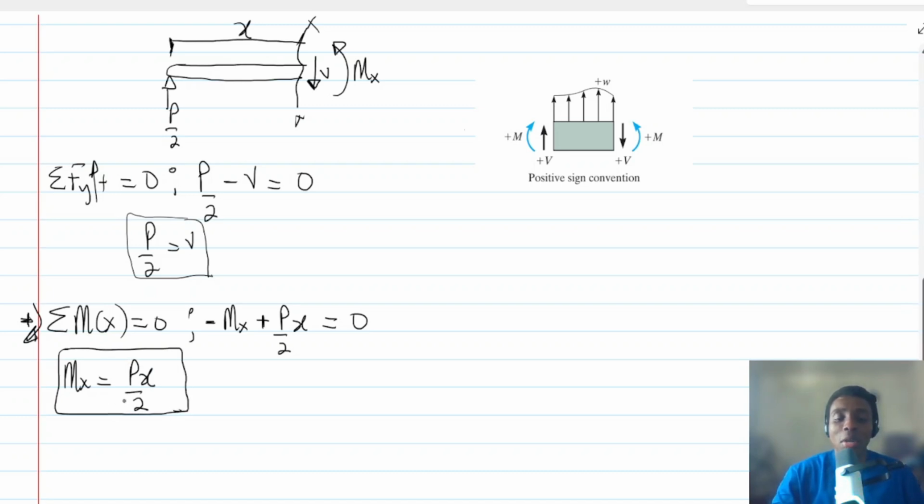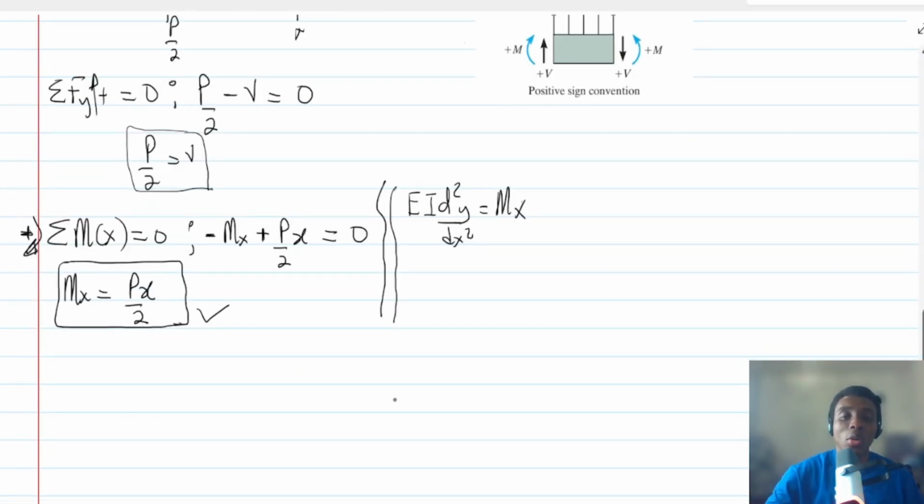Once we have the moment, we can use the deflection equation, which states that EI d squared y divided by dx squared is M of X. And that M of X, the moment, is what we have gotten, so we are just going to substitute it. So EI d squared y dx squared should be PX over 2.